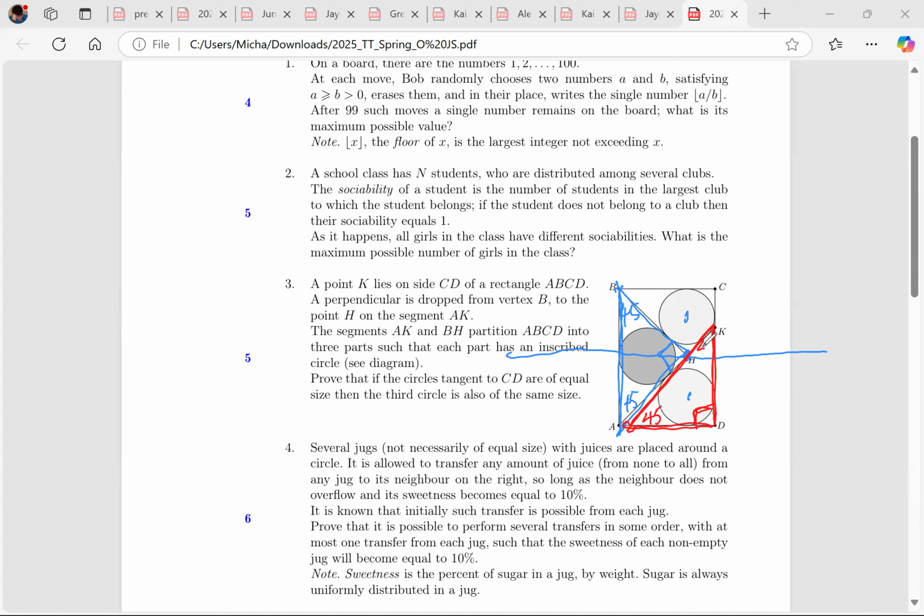So that means the other one must also be 45. So the red triangle and the blue triangle are similar, right? And if they're incircles of the same size, they would have to be congruent. So not only are they the same angles, they also have the same lengths. So it suffices to prove that the triangles are congruent. Does that make sense?